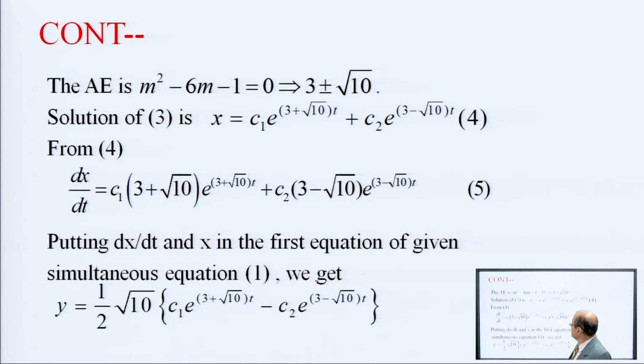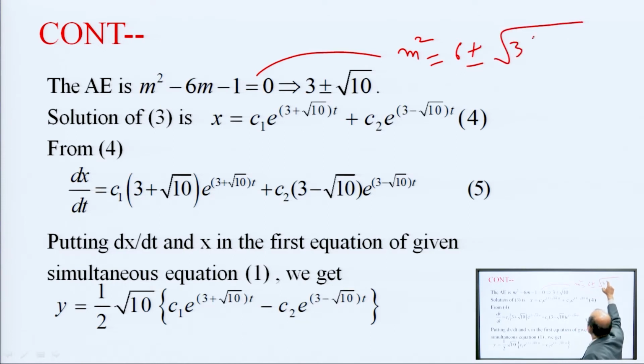The auxiliary equation is obtained by replacing D with m. m square minus 6m minus 1 is equal to 0. Here, m is equal to 6 plus minus the square root of b square minus 4ac, that is 36 plus 4, divided by 2.